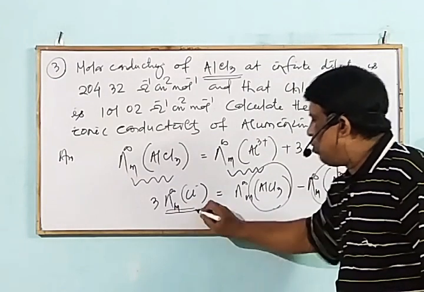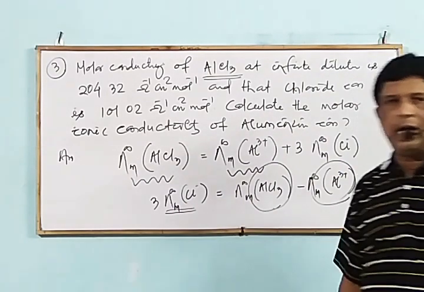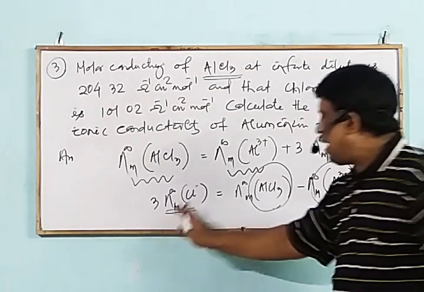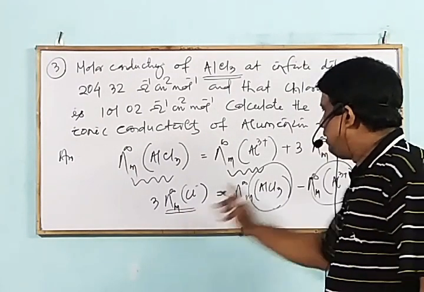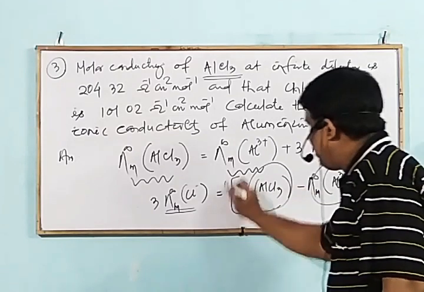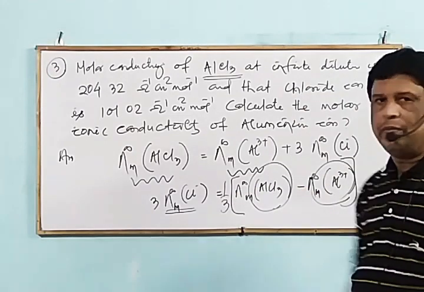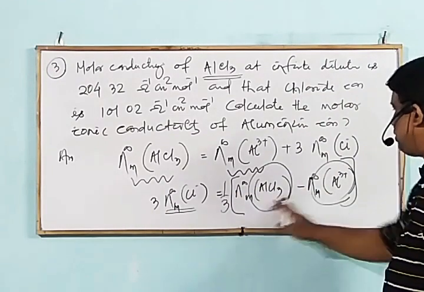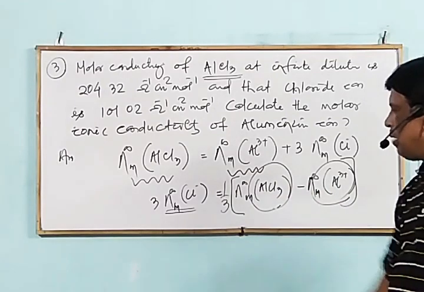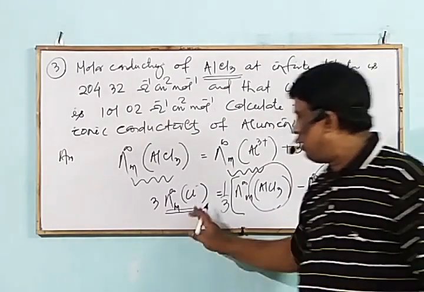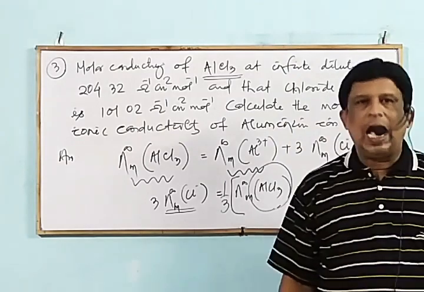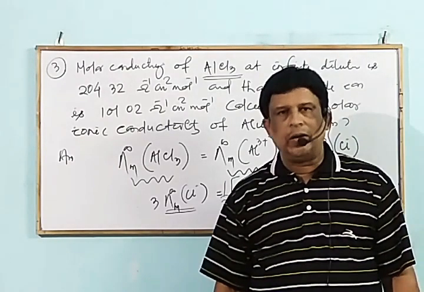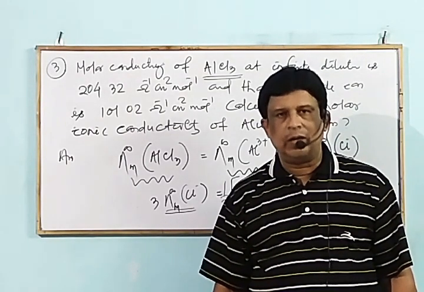The question is to calculate the molar ionic conductivity of the ion, so it is equal to this value times 1 by 3. Putting in these values, reduce and multiply by 1 by 3. One is able to calculate the molar ionic conductivity by using this law.